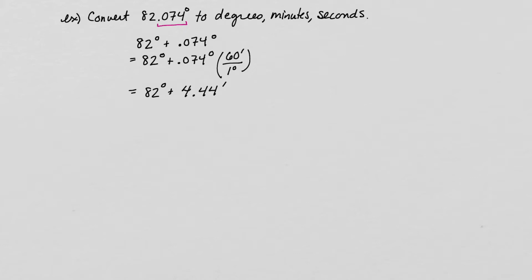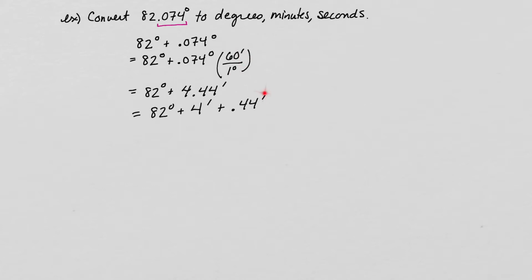There is just one slightly different thing that I'm going to show you in 2 steps from now. So right now, what I'm saying is I have 82 degrees plus 4 minutes plus 0.44 minutes left over. And the slightly different thing this time is that I've gotten rid of my degrees. So I used 1 degree as 60 minutes.